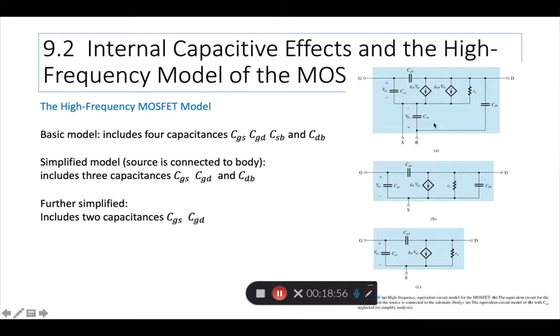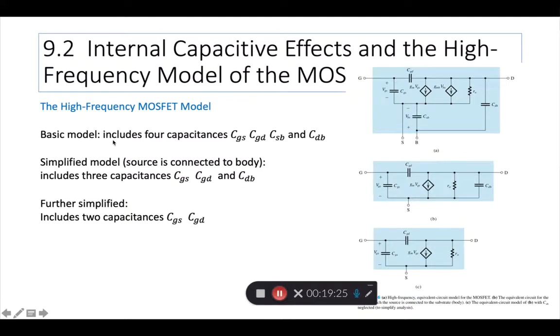And we are most interested obviously in small signal analysis, because high frequency means high frequency of the small signal applied on the input side. So that's what we are concerned about. Hence we take the original MOSFET model, the hybrid pi model, and add all these capacitances. So that's what you see shown here.